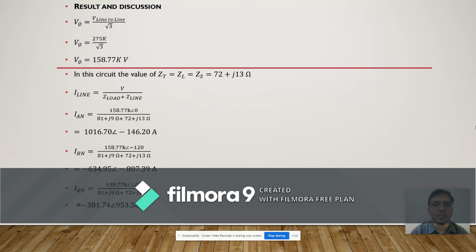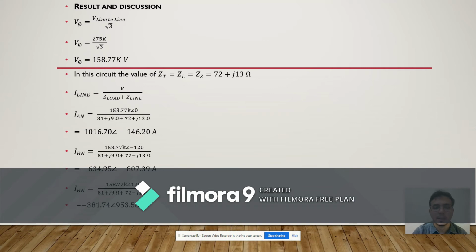So 275K over root 3, and I get the value for V phase is 158.77 kilovolt. In the circuit, ZT is equal to ZL and equal to ZS, which is 72 plus j13.